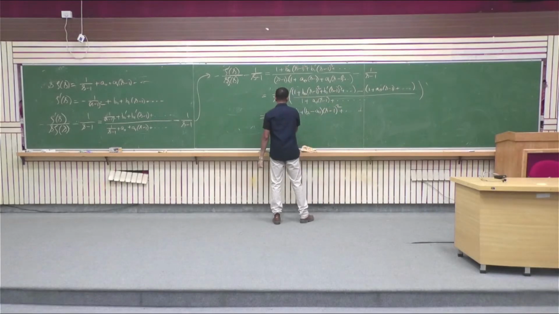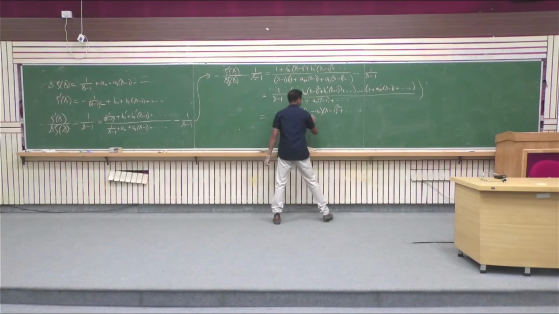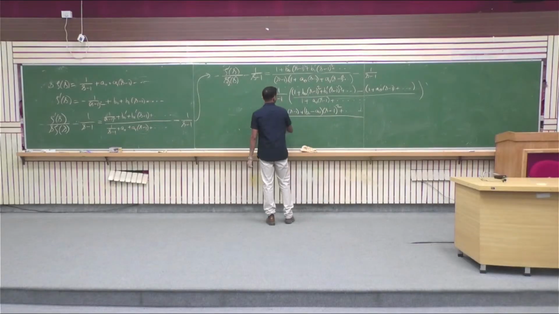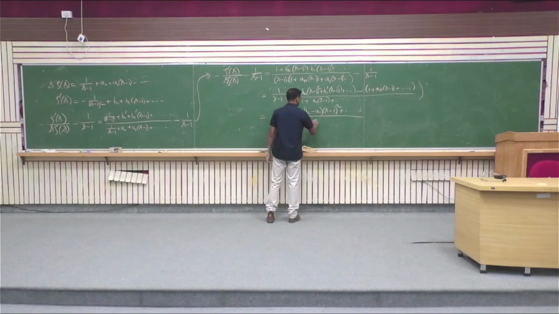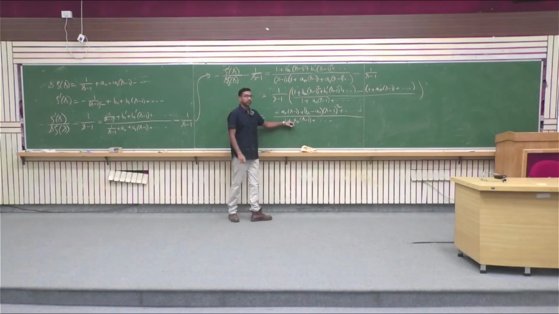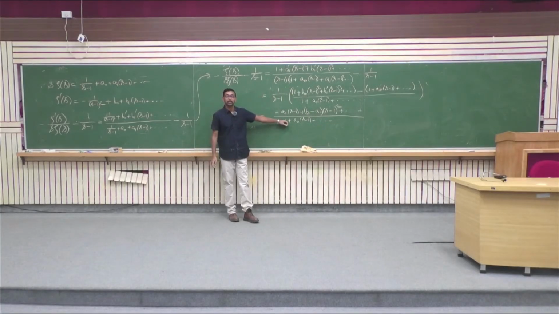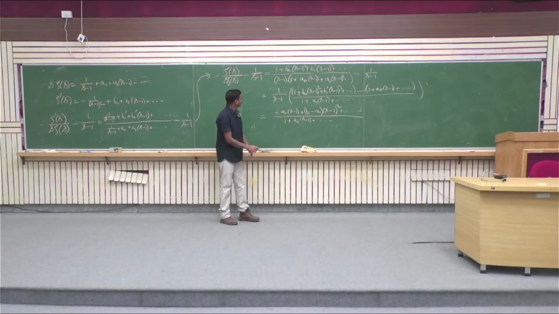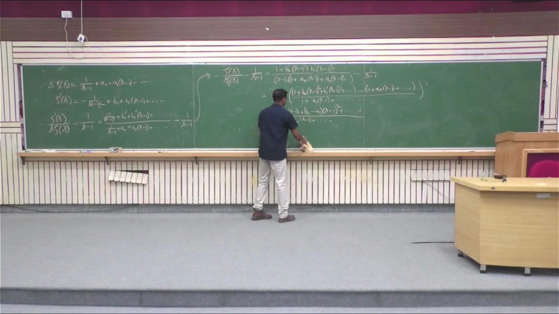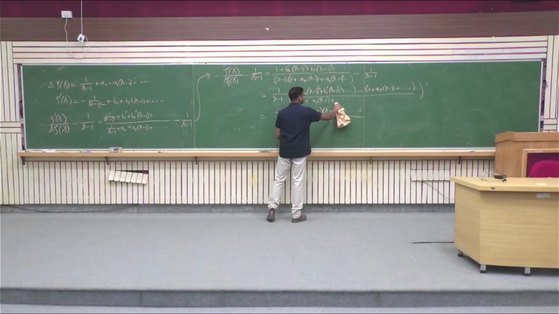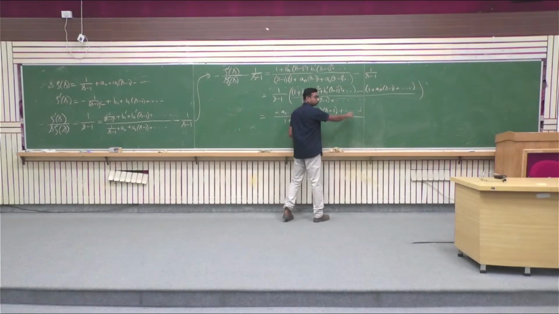And below you have just whatever was in the denominator, a0 s minus 1 plus dot dot dot. Now the denominator doesn't vanish at s equal to 1, right? Oh right, s minus 1 we have already, so it will be just s0, and then this will be just s minus 1 and so on.